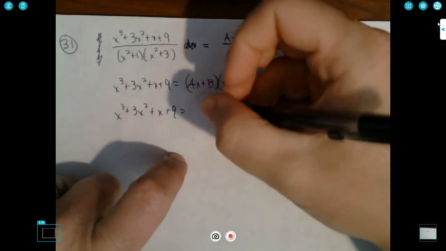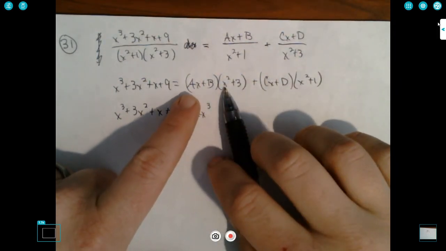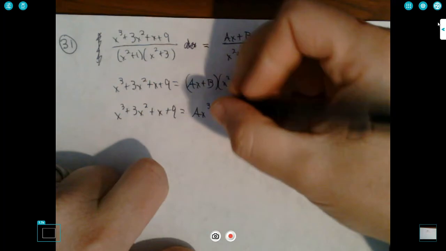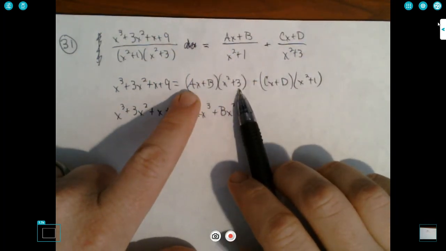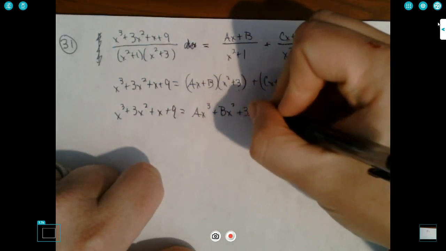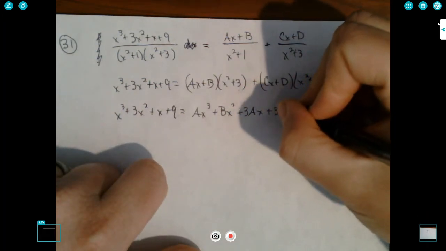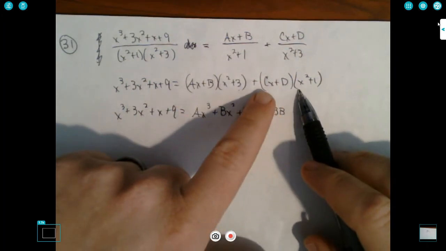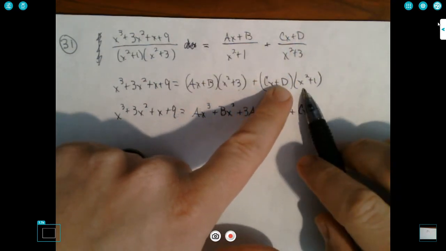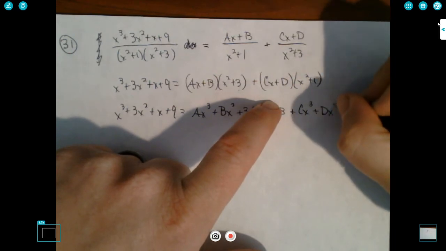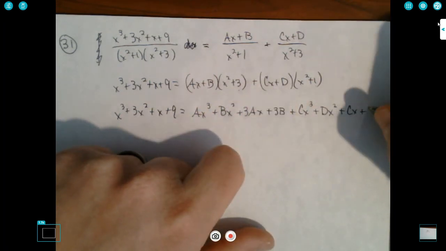So I'm going to have an ax cubed, a bx squared. I like to try to expand these so that they're in descending order. A 3ax, and then a 3b. And then I'll have a similar pattern over here, a cx cubed, a dx squared, a cx, and a d.